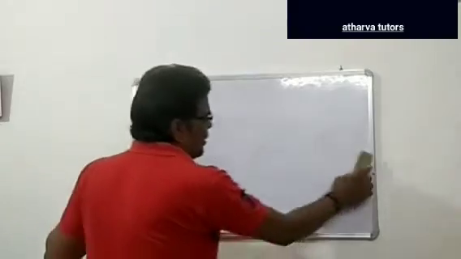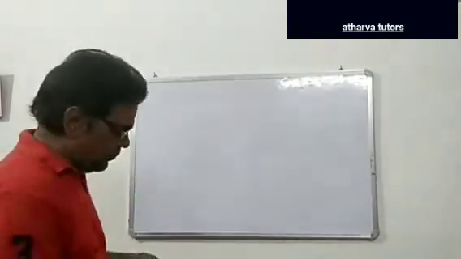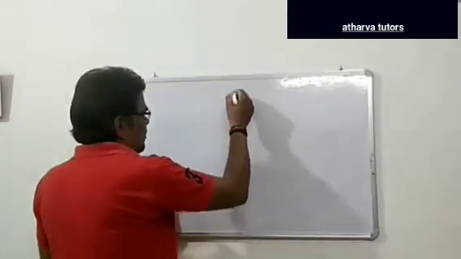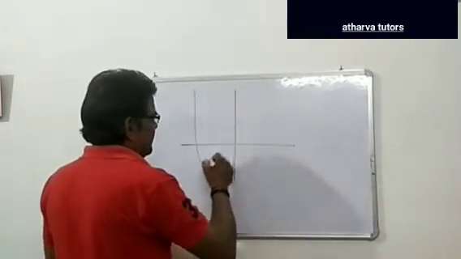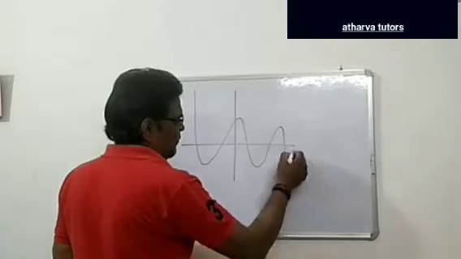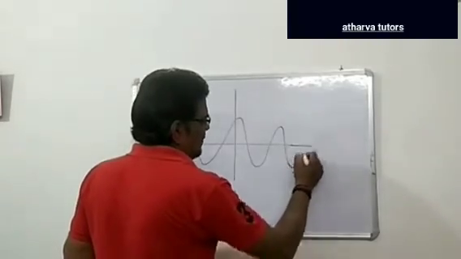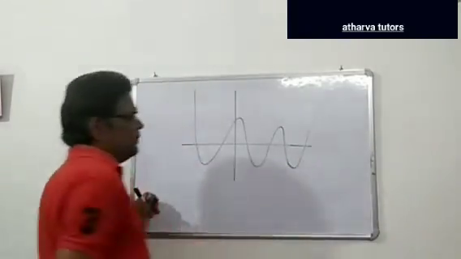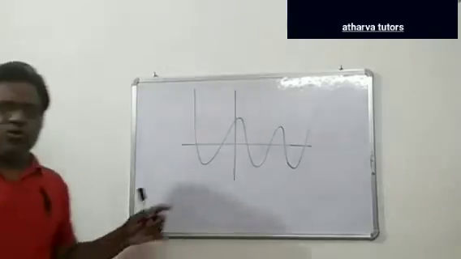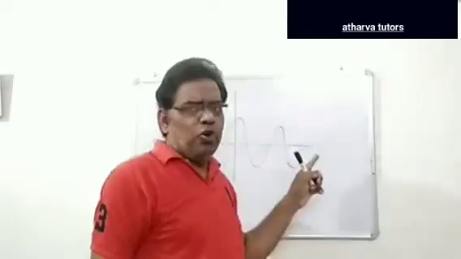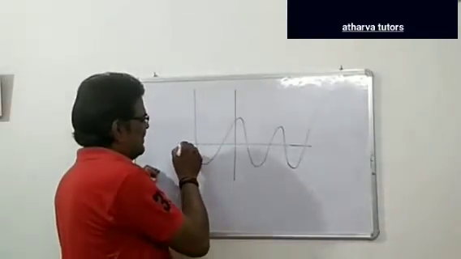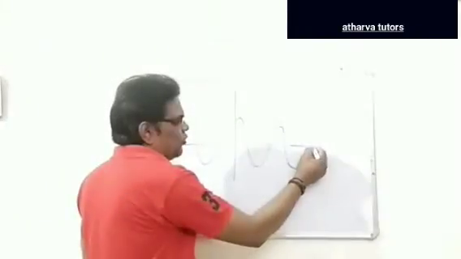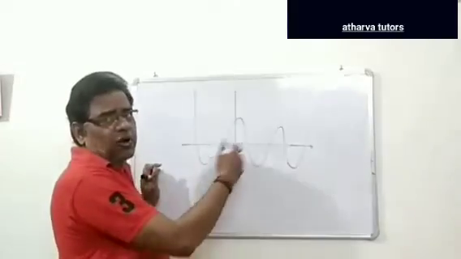For example, suppose I have some curve like this, and you are asked how many zeros this polynomial will have. Find out at how many points the curve is cutting the x-axis.